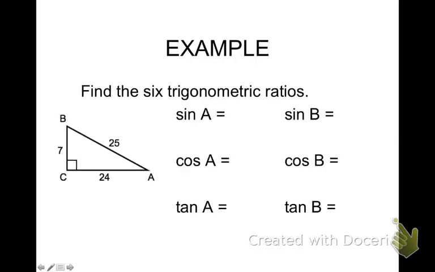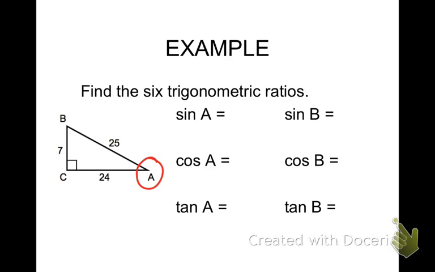All right, so this is what you're going to have to be able to do for your homework. You're going to have to come up with all 6 of your trig ratios. For the first column here, my reference angle is A. Personally, I like to circle my reference angle, and then label my O, my A, and my H, just like your diagrams did in your triangles.